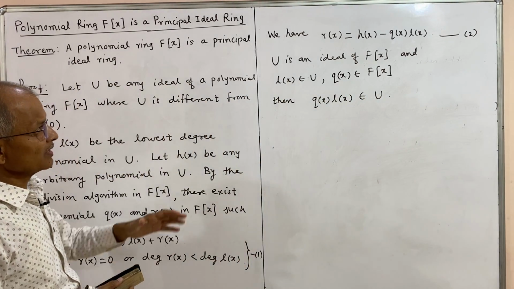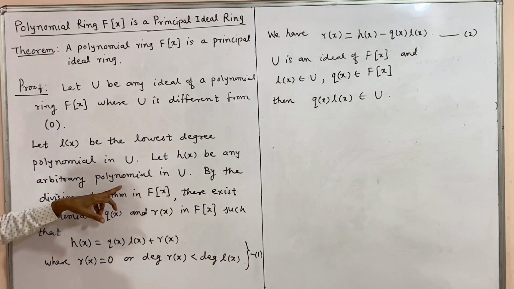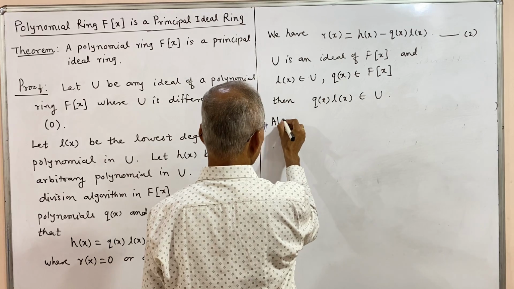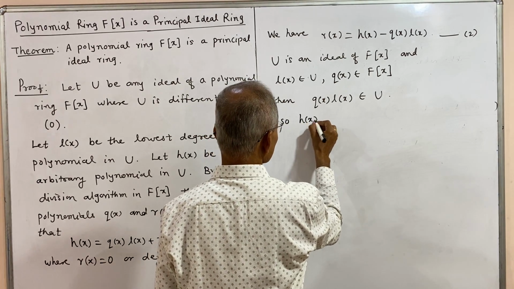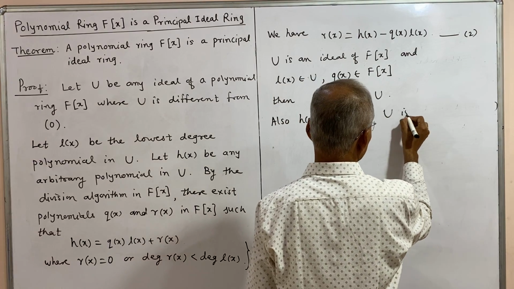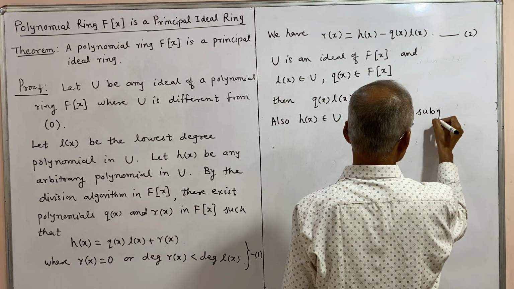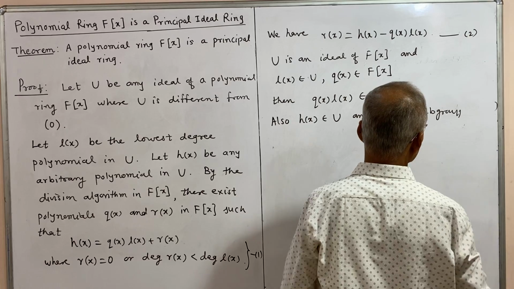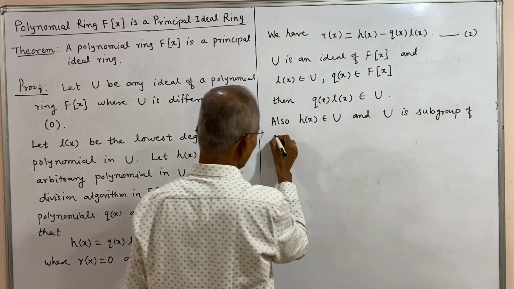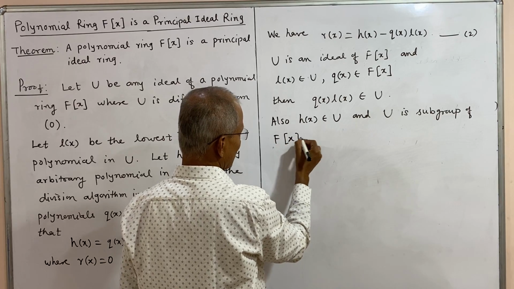Also, see, h of x is in U. H of x belongs to U, and U is a subgroup. This is the first condition of ideal, subgroup of f of x under addition.